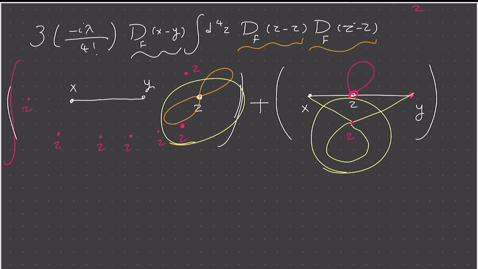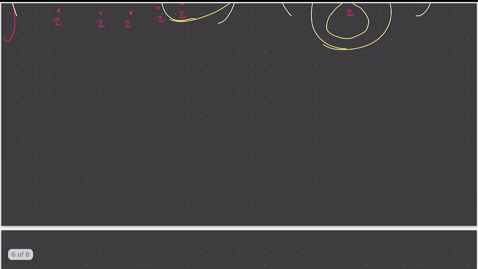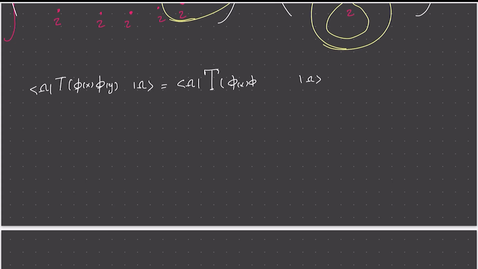Okay, now if you want to summarize this whole session, what I can say is that if you have the expectation value on the perturbative vacuum, time ordered, of φ(x) φ(y) with the interacting Hamiltonian, this is equal to the perturbative vacuum time-ordered of φ(x) φ(y) in the free-field version, and then you have an exponential of minus i, the whole integral over time of the interacting Hamiltonian as a function of time.